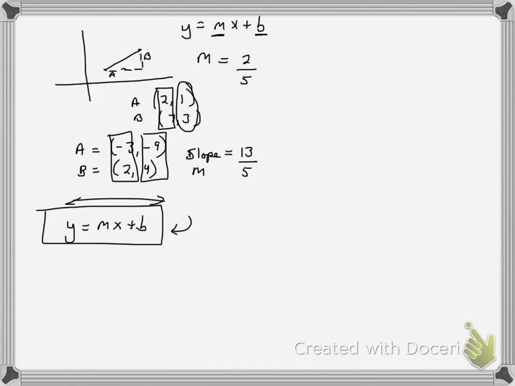So you set it equal to y, and whatever the numerical coefficient is before the x, that's my slope. Whatever the constant is, that's where it crosses the y-axis. So let's put that information to use here.